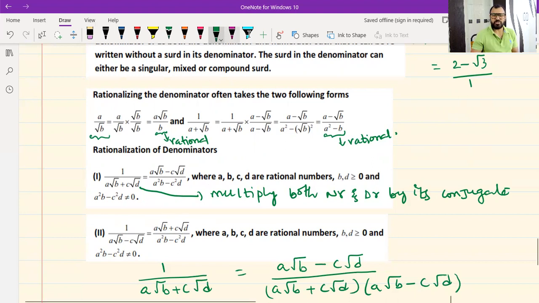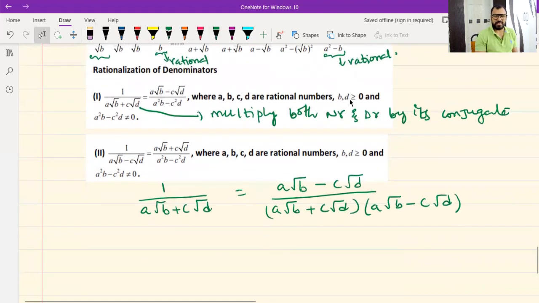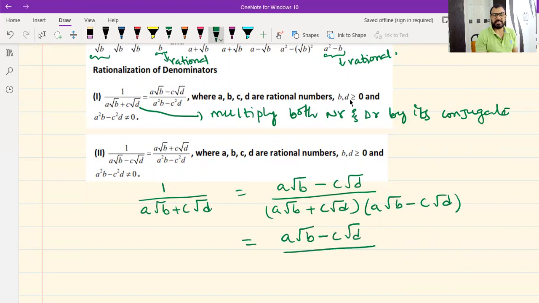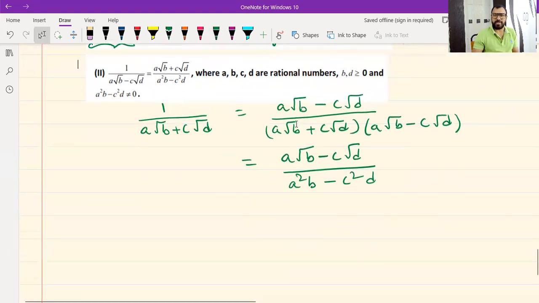Now it reduces to a root b minus c root d. The denominator is x plus y into x minus y, so you can write a square b minus c square d. Assume that a square b minus c square d is not equal to 0. So this is the rationalization method.